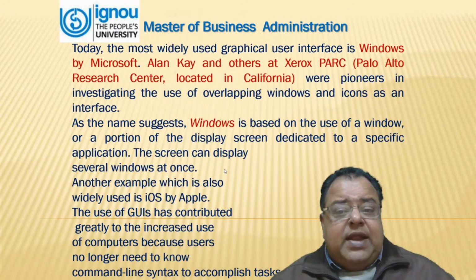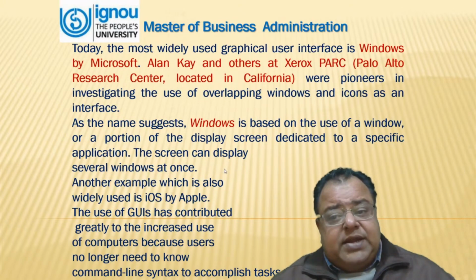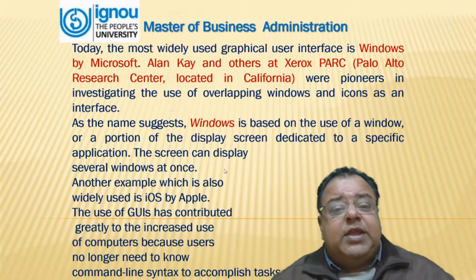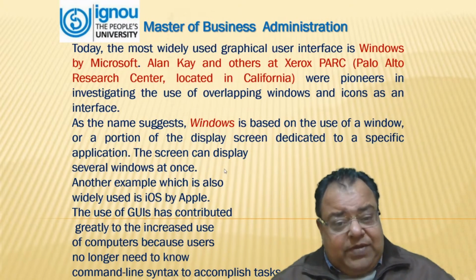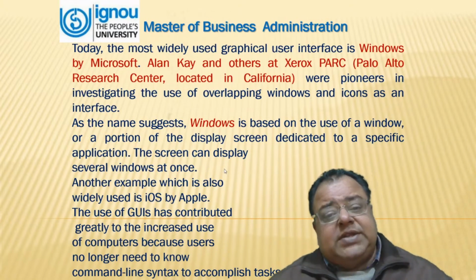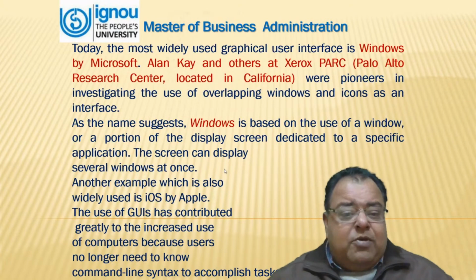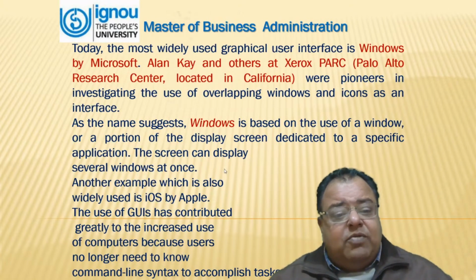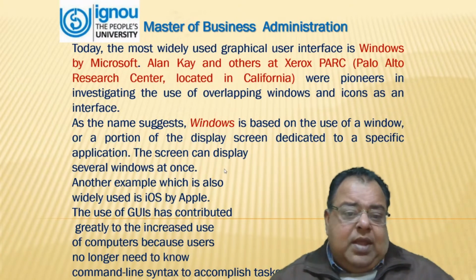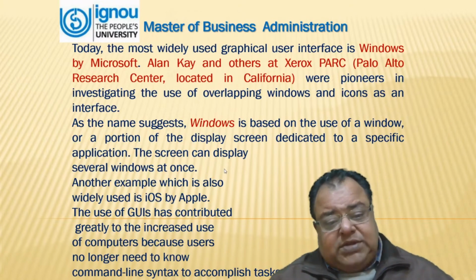Alan Kay and others at Xerox PARC, that is Palo Alto Research Center located in California, were pioneers in investigating the use of overlapping windows and icons as an interface. As the name suggests, Windows is based on the use of a window, or a portion of the display screen dedicated to a specific application. The screen can display several windows at once.